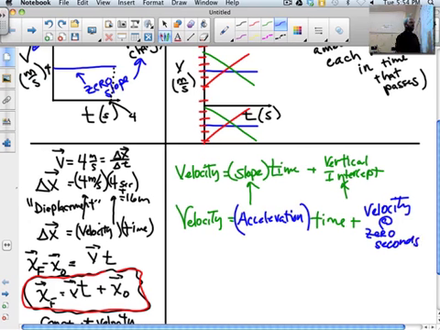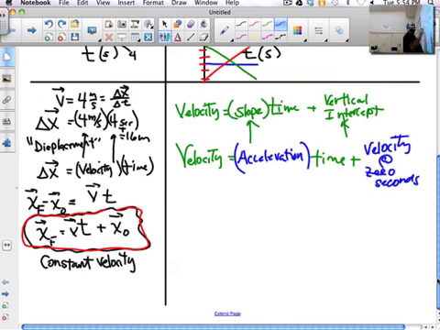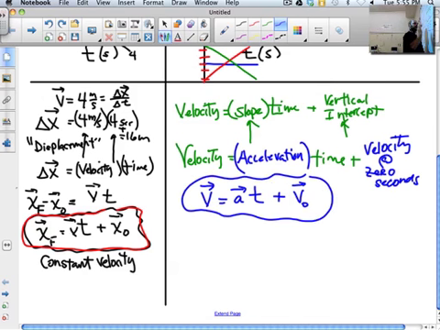Okay? So in symbol form, this is a very useful equation. When we have constant acceleration motion, it's v equals a times t plus velocity at 0 seconds. And remember, we can only use this for moments in time when the acceleration does not change.